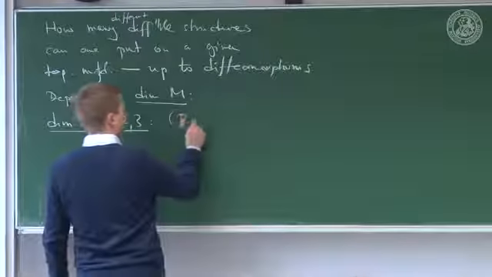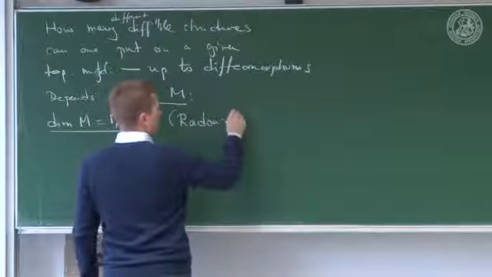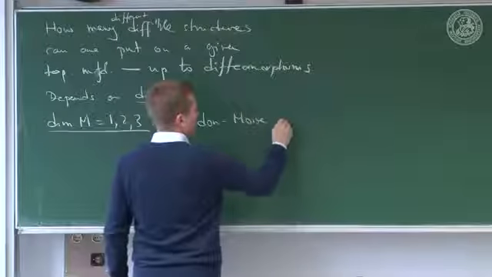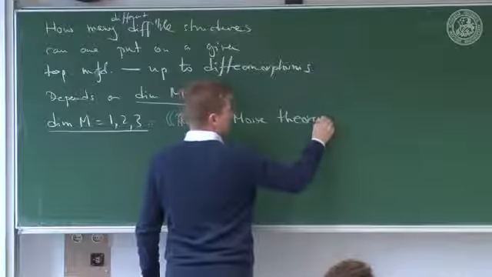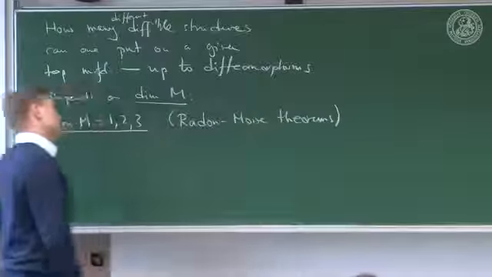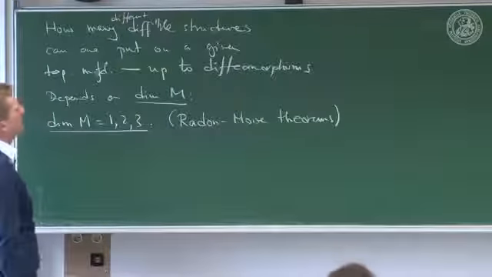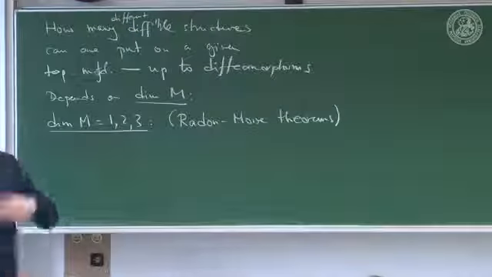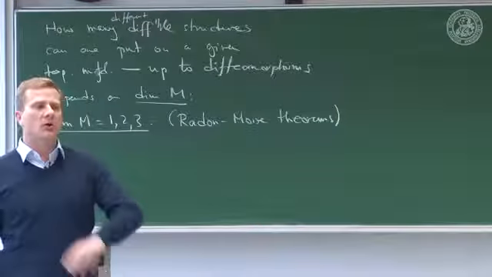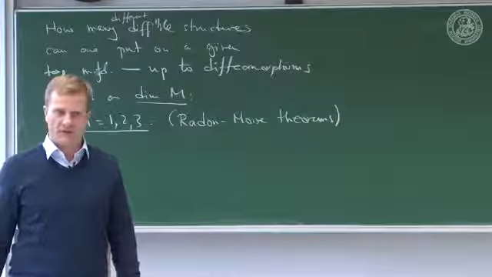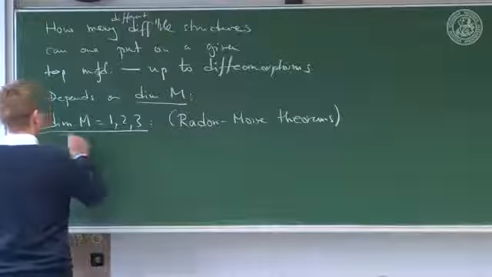Radon-Moise theorems. They say that there is essentially only one differentiable structure. Well, there are several differentiable structures, but all these manifolds are diffeomorphic. Okay?